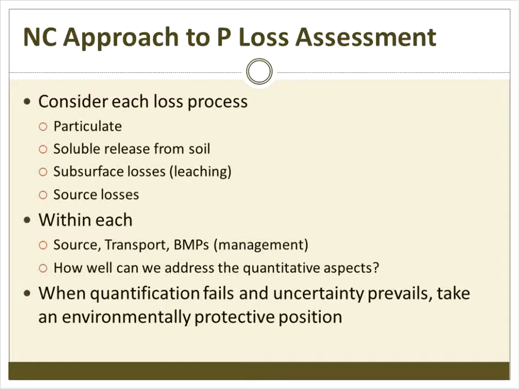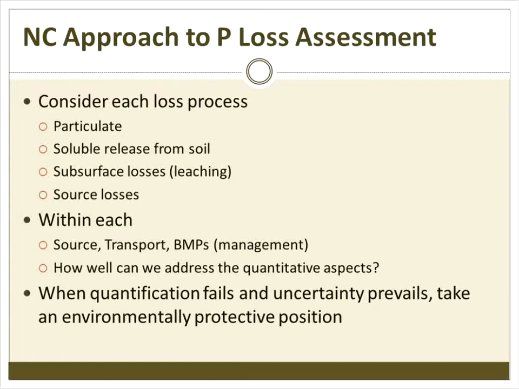We know in North Carolina in particular situations, typically extremely sandy soils with large applications of animal waste, particularly swine effluent, we get phosphorus leaching through the soil. And I think we showed you a picture of that 2 weeks ago when we were talking about how phosphorus moved. And last but not least, we want to capture the source losses.